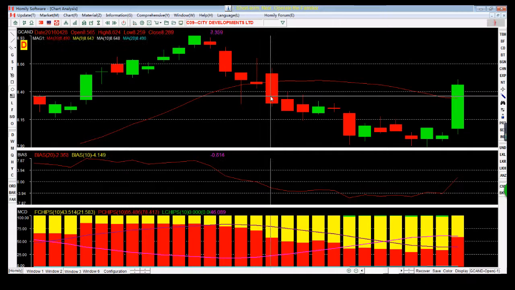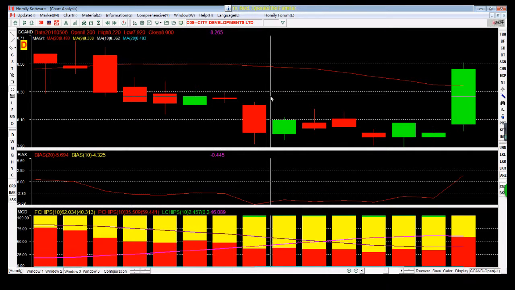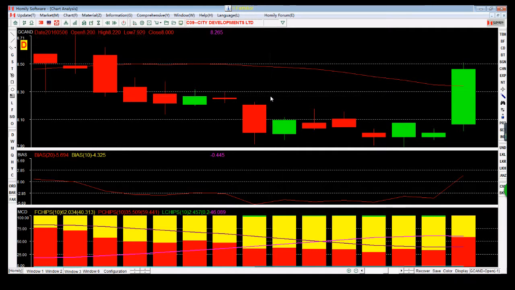If the moving average is declining and the stock price falls under it too fast, it's likely to return to the moving average.